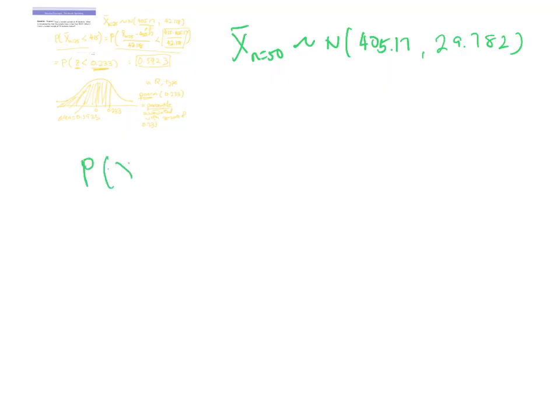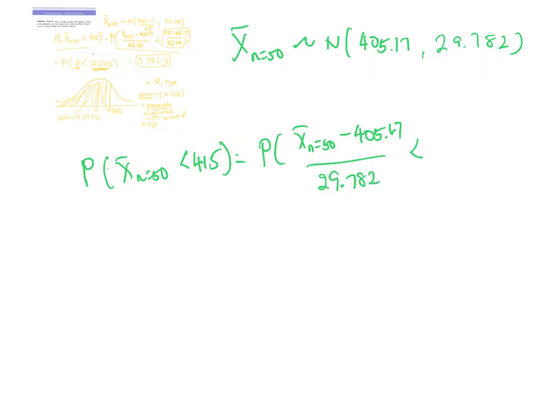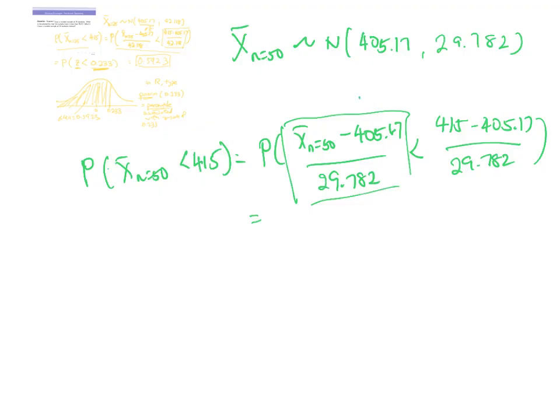Then we follow the steps that we did earlier. The probability that this sample mean is less than 415, we standardize both sides. On the left we subtract 405.17 and divide by 29.782, and on the right-hand side, we take 415 minus 405.17 over 29.782. This chunk here follows a standard normal distribution.